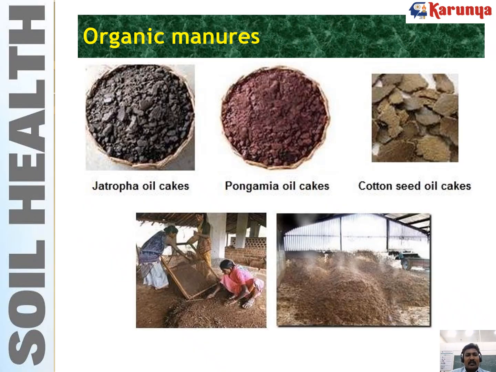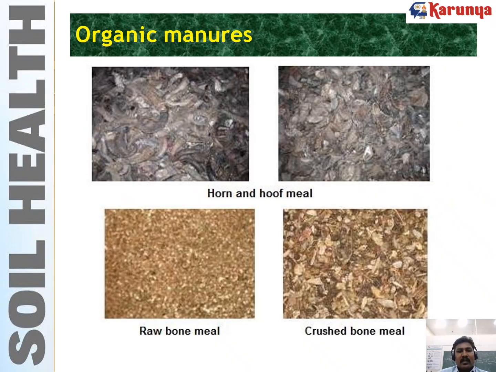And these are all the concentrated organic manures you can see, like jatropha oil cake, pongamia oil cake, and cottonseed oil cake. They can be available as lumps, so you have to break them and make a fine powder for further use. And some other organic manures are derived from animal waste, like horn and hoof meal and raw bone meal.